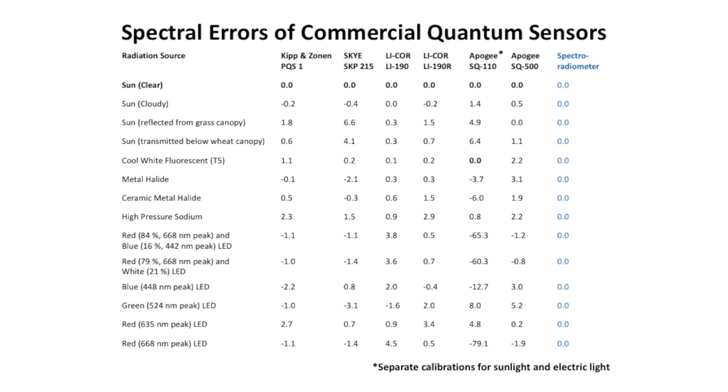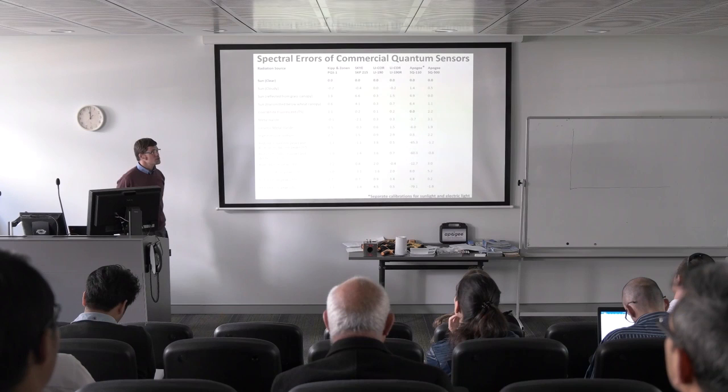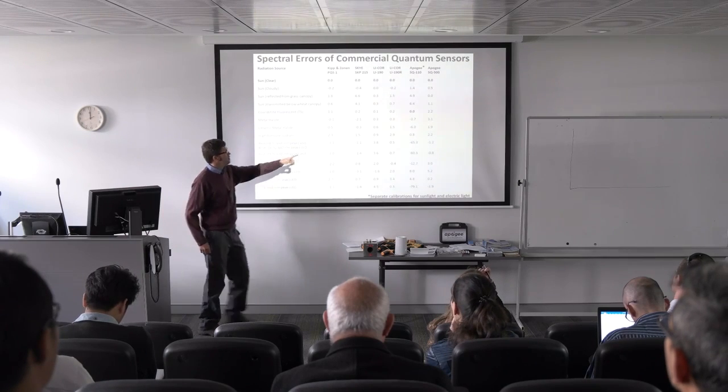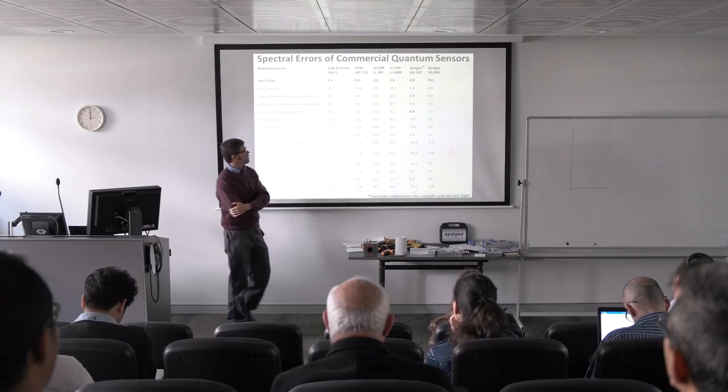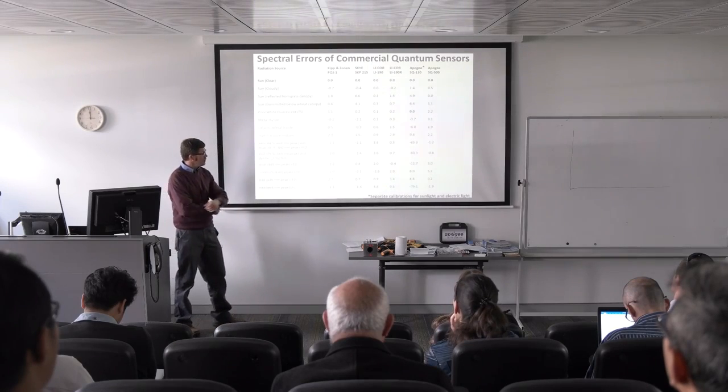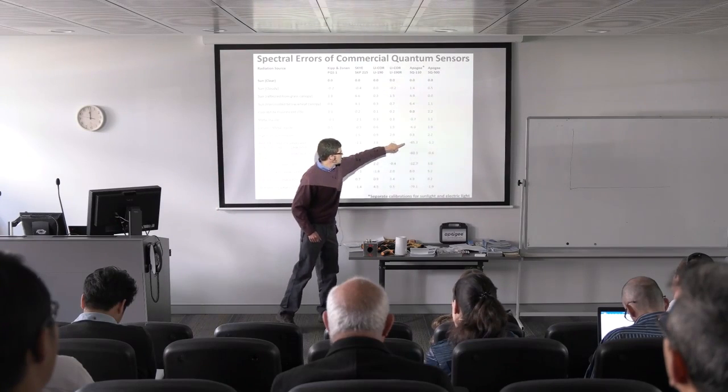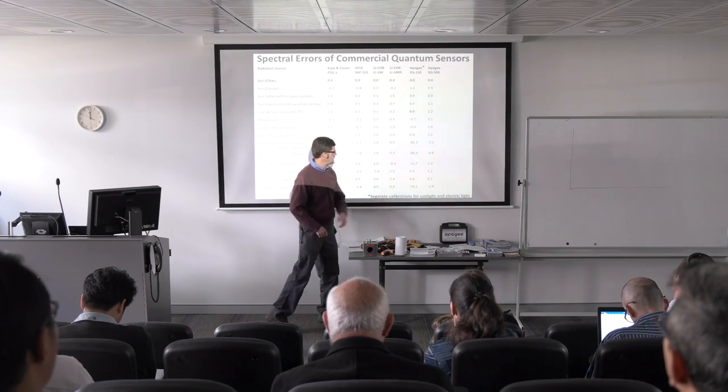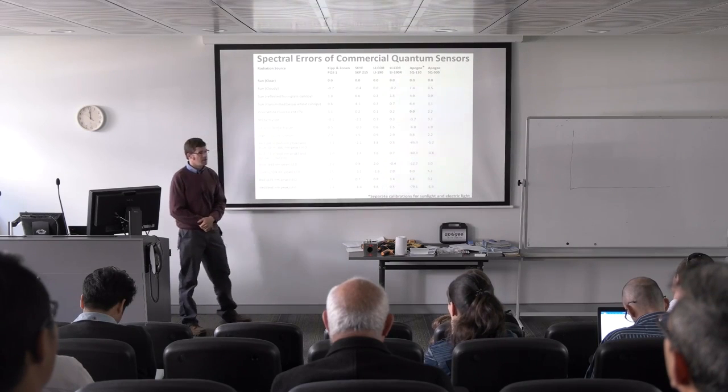A couple things that you can see by looking at the data in this table is that all of them work quite well for most of the radiation sources on there, except for the Apogee model SQ110. Some of these LEDs, you can see the errors get pretty large.